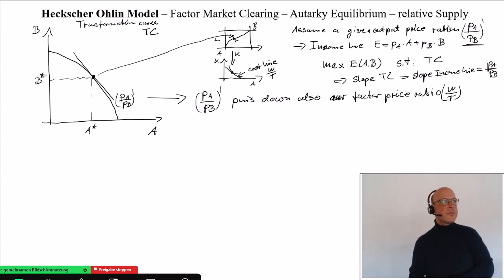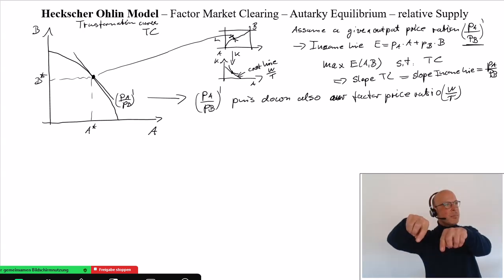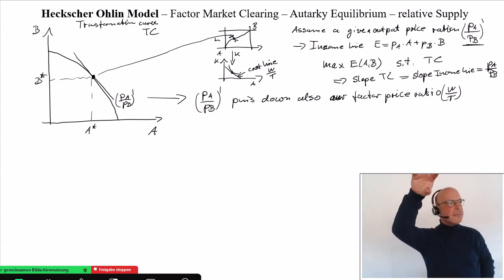We obtained the transformation curve from cost minimization, then via the Edgeworth box, that all these slopes have to coincide. And now by our income maximization, we obtain some special point on the transformation curve. This transformation curve represents in our Edgeworth box a point where both slopes of the isoquants have to coincide.